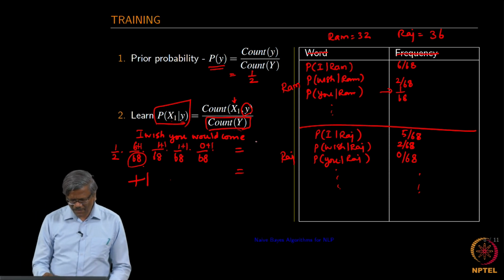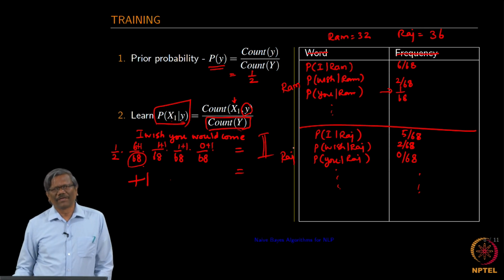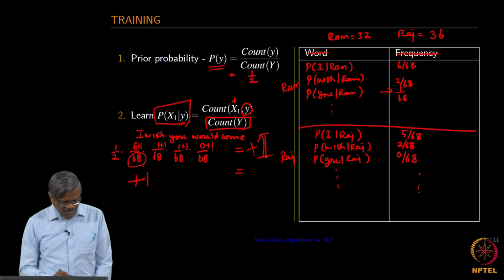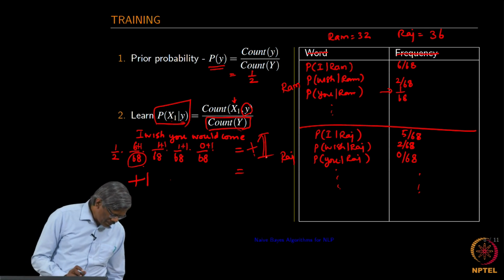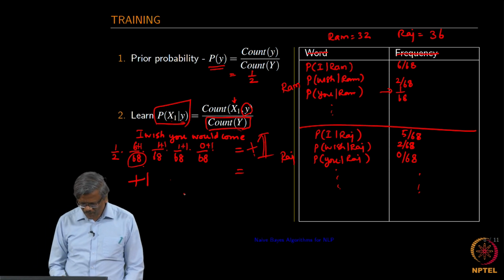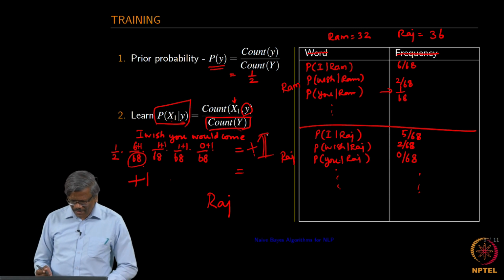So that's why this kind of smoothing is done, where you add plus 1 to each of the word. Okay. So in this case, once you compute all this, you will find that this mail had come from Raj. Okay, all right. So is this clear?